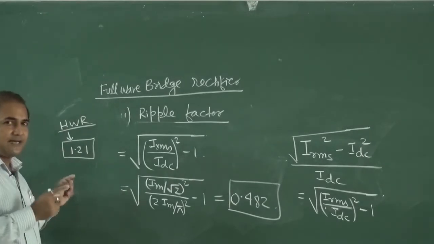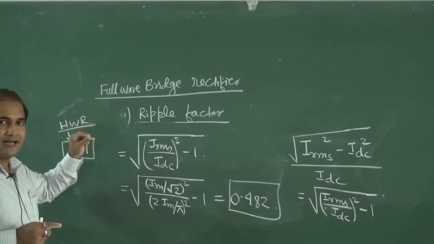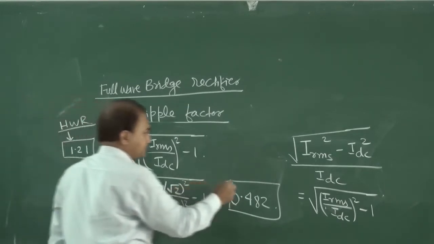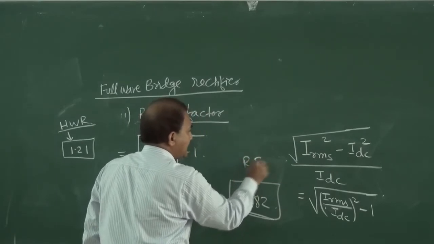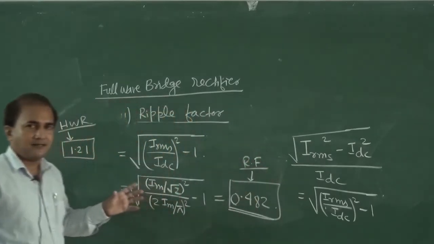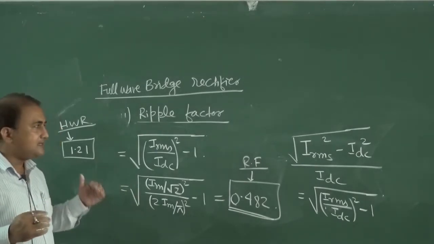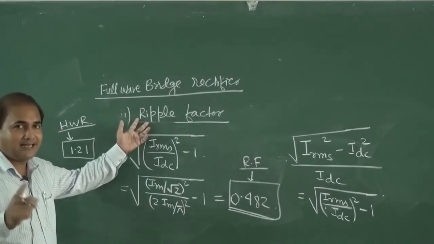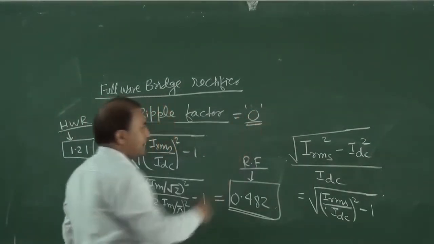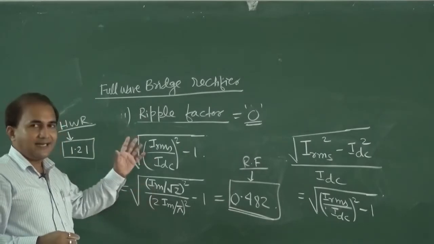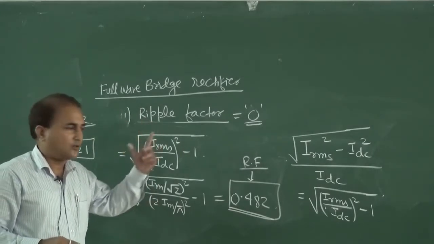So which type of rectifier is better? The full wave bridge rectifier will be better because its ripple factor is lesser. For an ideal rectifier circuit, the ripple factor in the ideal case will be equal to 0, but practically it is not possible to get a ripple factor equal to 0.